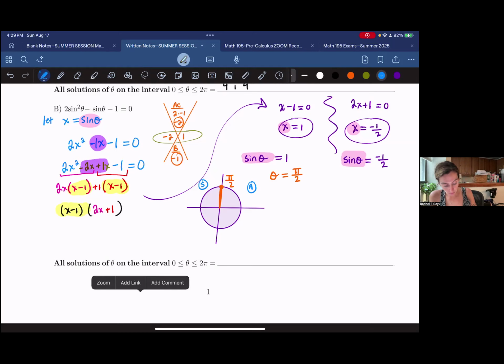So we're really going to hone in on those bottom two quadrants, 3 and 4. And to get 1/2, you can take the sine of pi over 6. So we want to look at what our reference angles are for quadrants 3 and 4.